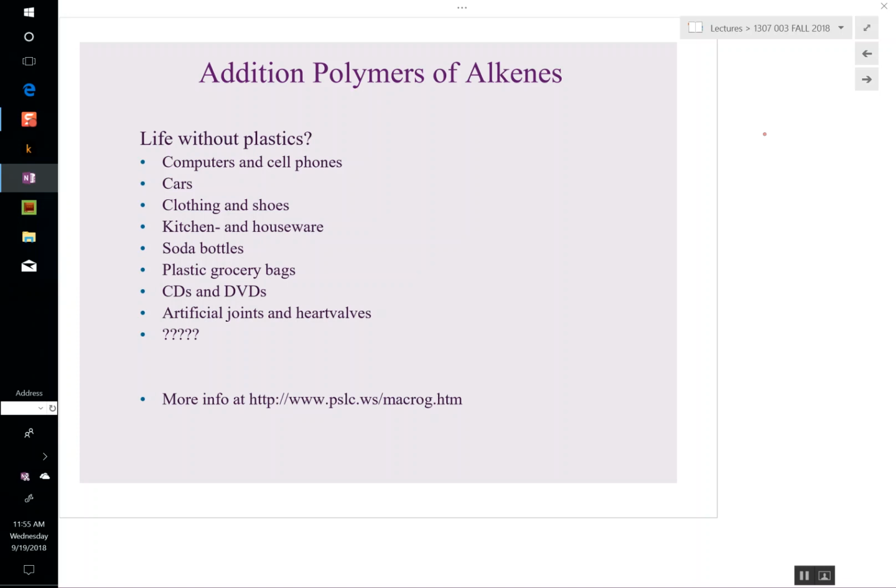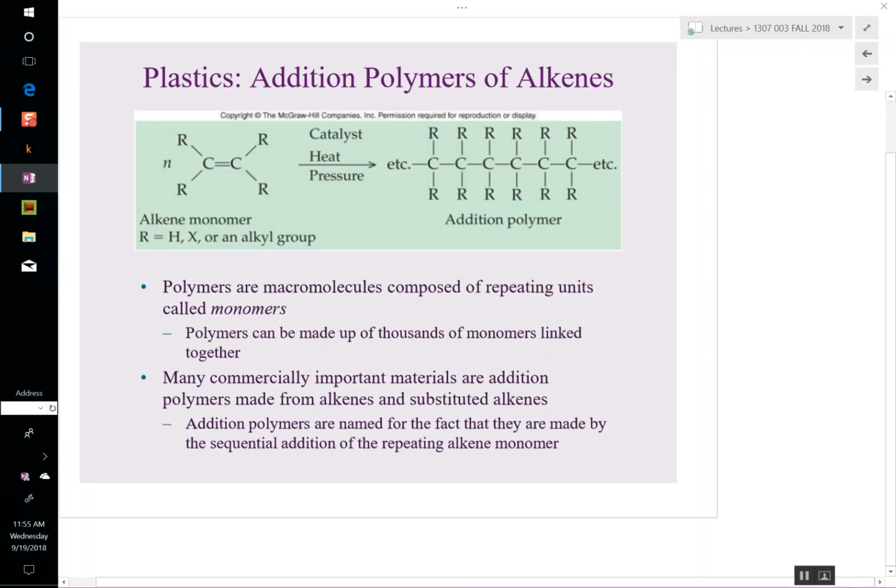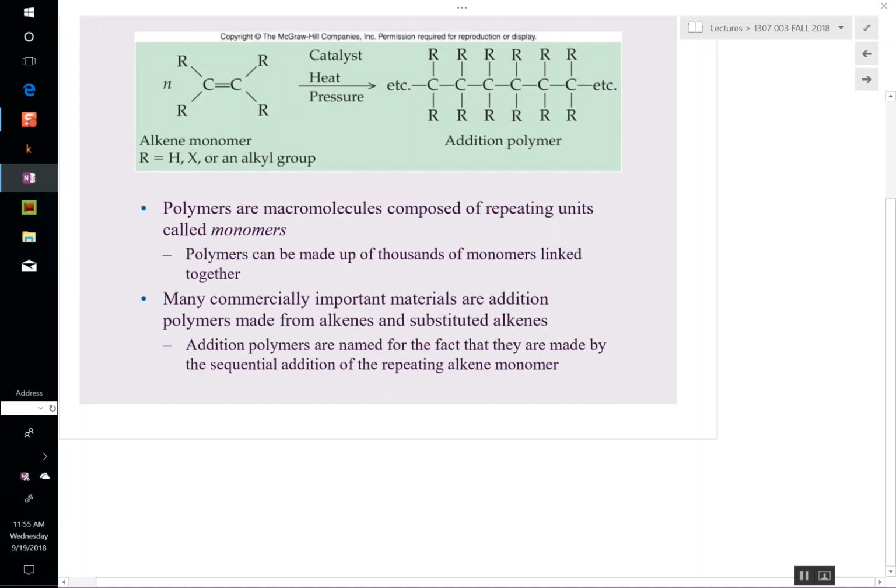So, life without plastics: computers, cell phones, cars, clothing, nylon, polyester. All of these things are plastics. How are they made? They're made by polymerization. And I'm going to just mention this real quickly. Imagine that molecule up there being this molecule.